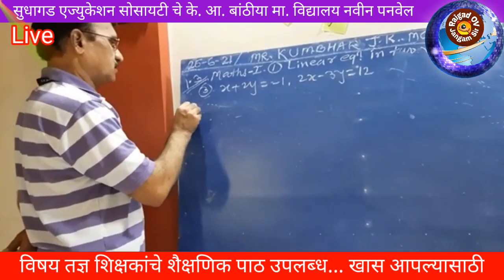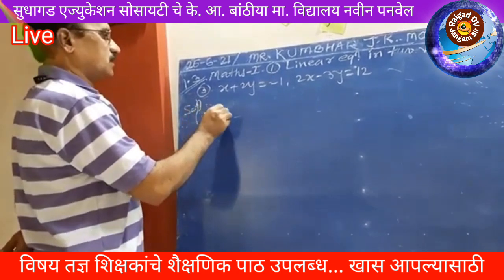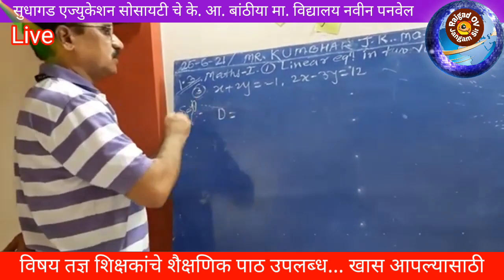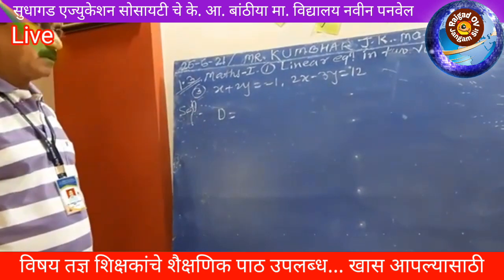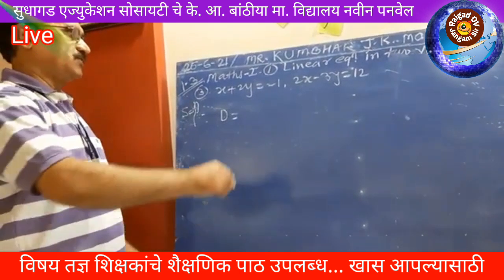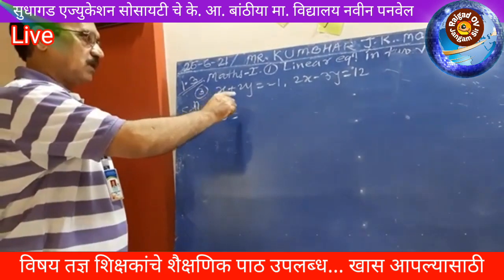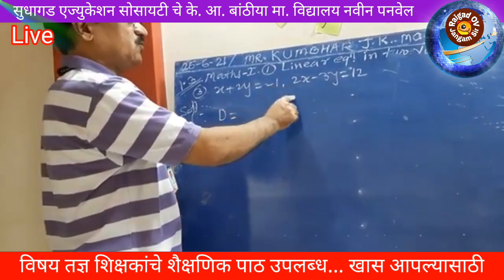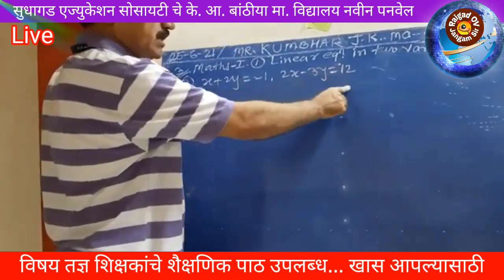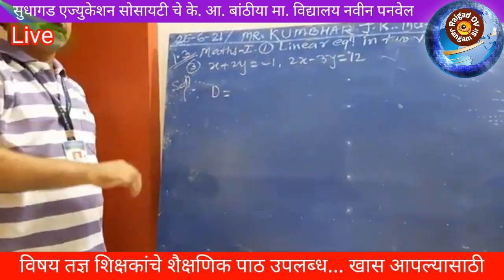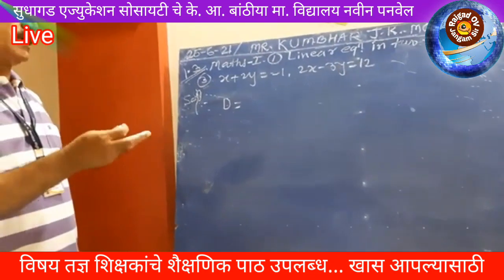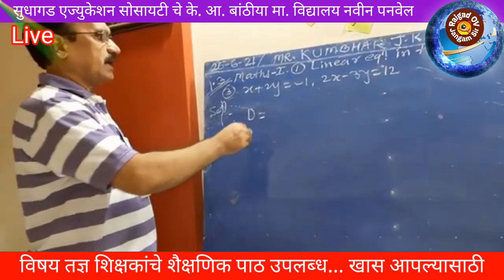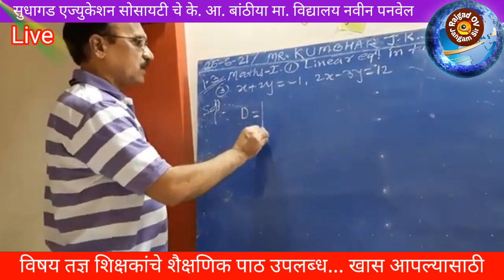That means first we have to find the value of the determinant. For your convenience, you can write A1 is equal to, A2 is equal to, B1, B2, C1, C2. If you know the values of A1, A2, C1, C2, then you can write D directly.